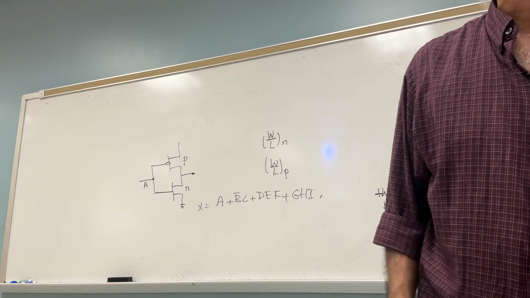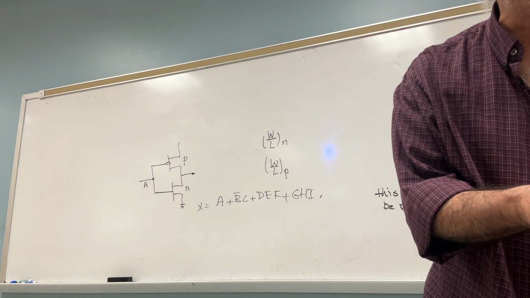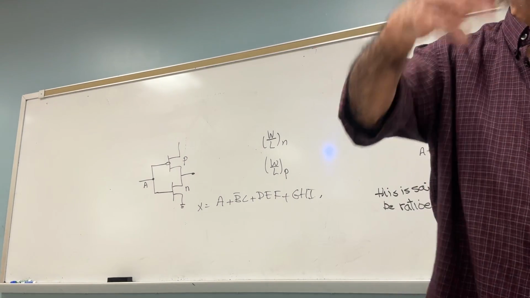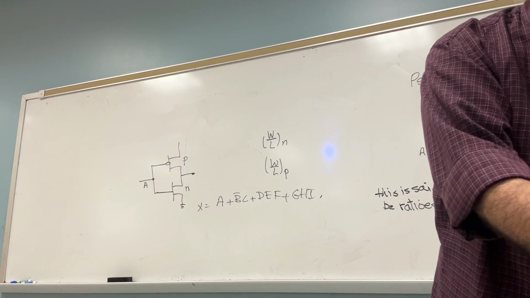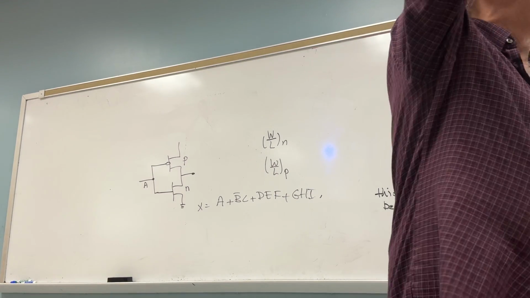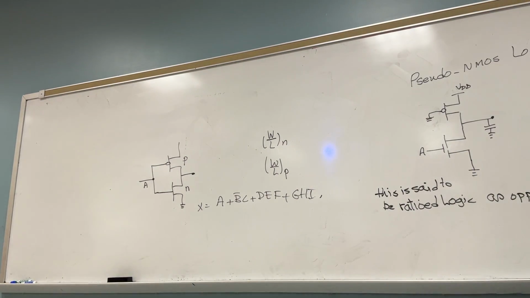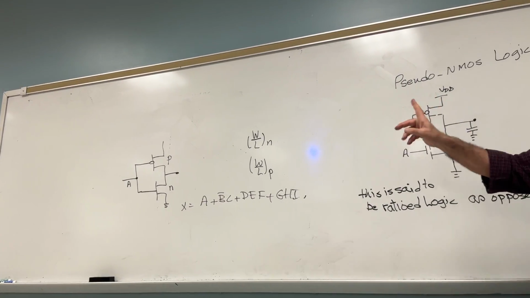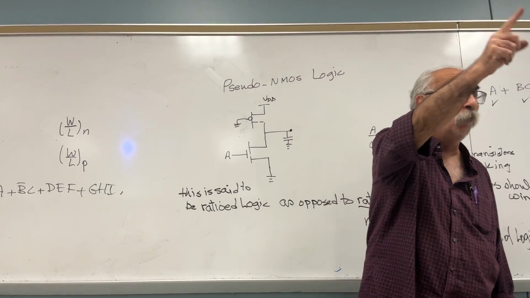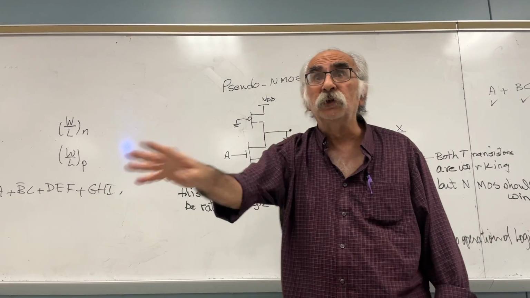How many transistors do I need? 18. Everybody understood why it is 18? Because I need 9 for the PDN and 9 for the PUN. In Pseudo-NMOS, how many do I need? 10. Did you understand why 10? Because this is always 1 PMOS with the gate grounded.